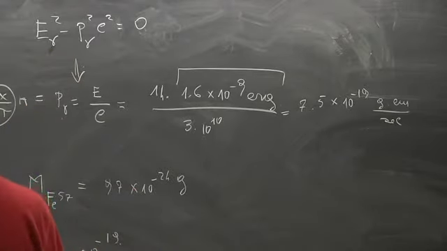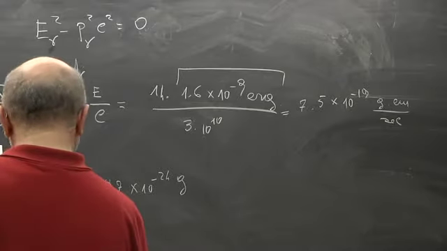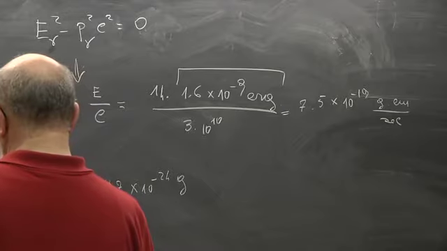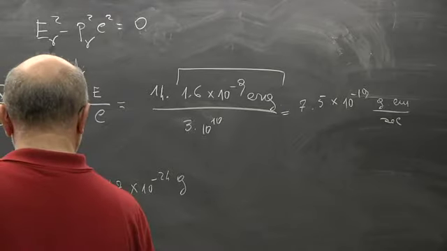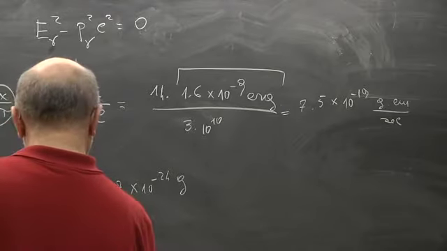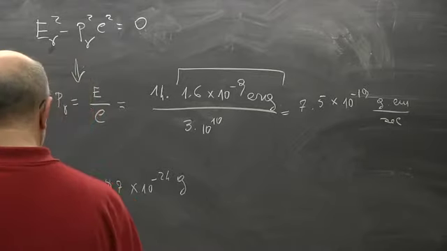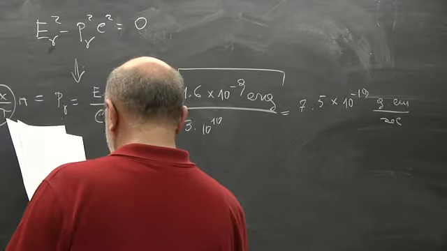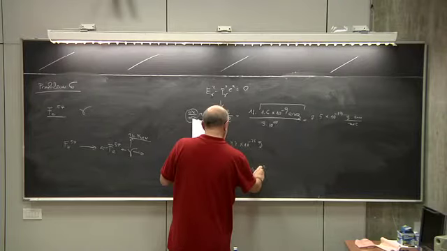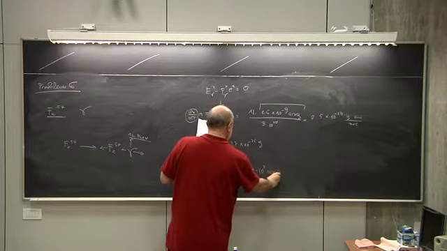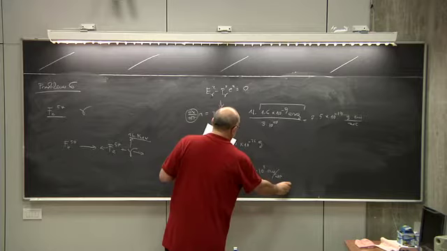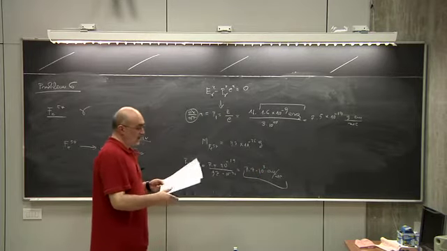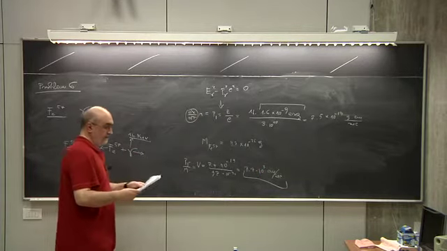So this is p gamma over m. This is the velocity, divided by 9.7 times 10 to the minus 24, and I get 7.7 times 10 to the third centimeter per second. And this is not relativistic velocity. Relativistic velocities are of the order of 10 to the 10.